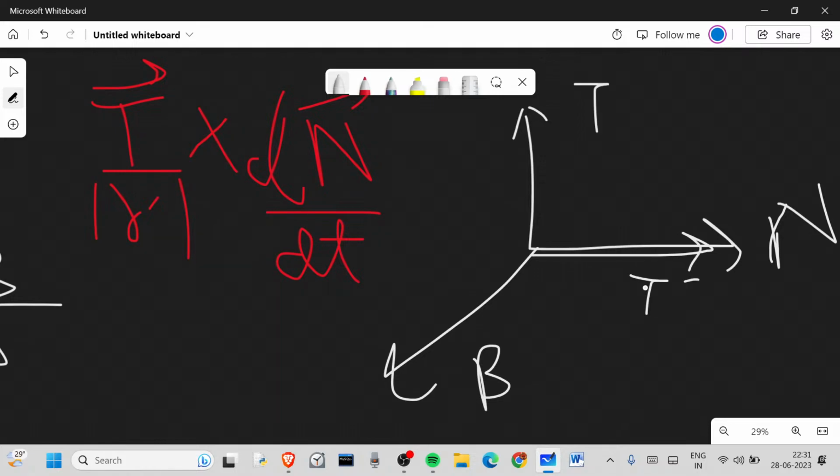Now by symmetry, for two curves it can be possible that this is tangent and this is normal, and at another point this is normal and this is tangent. So basically, by symmetry, n dash lies along t.